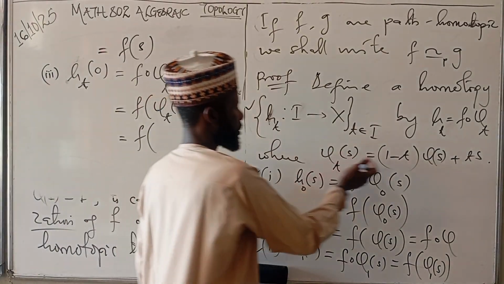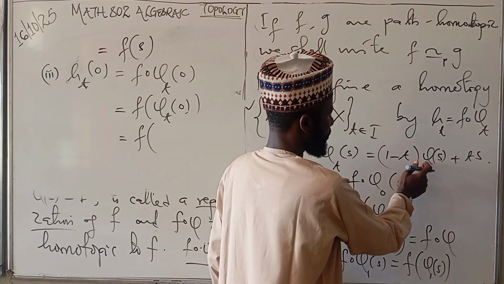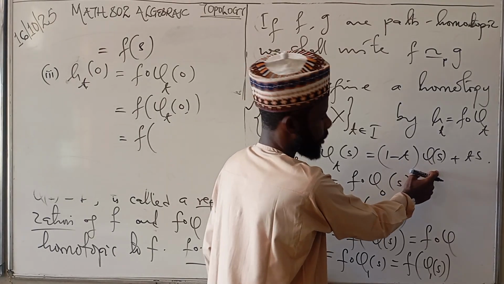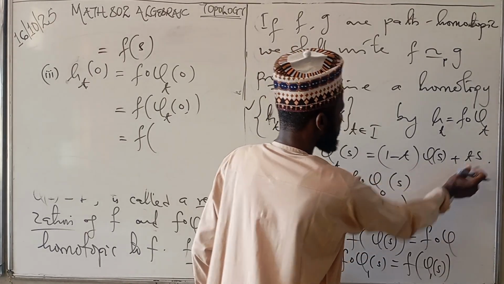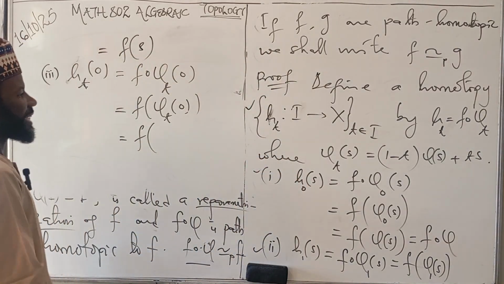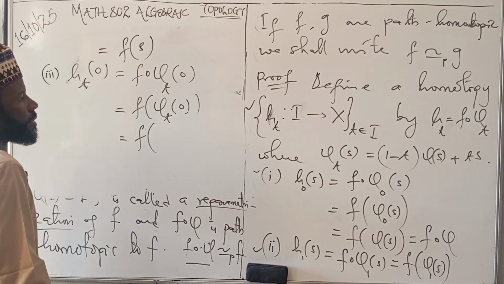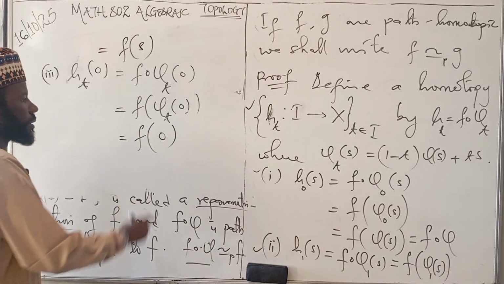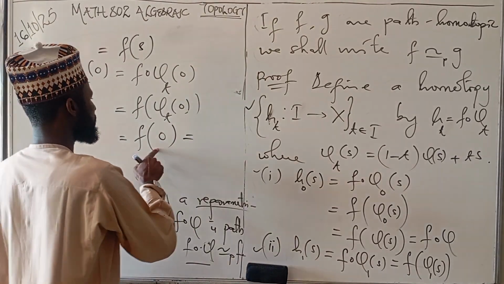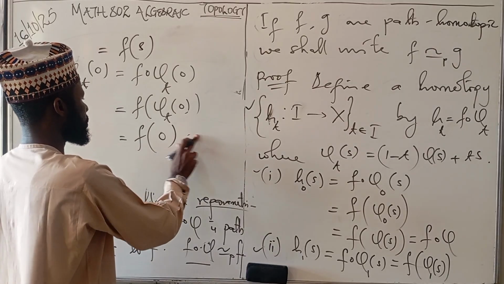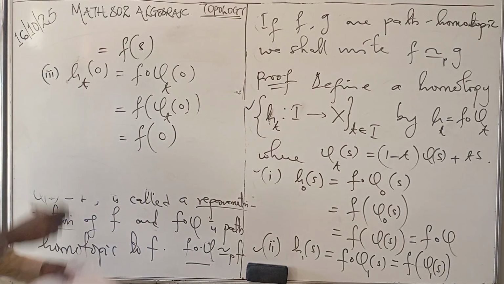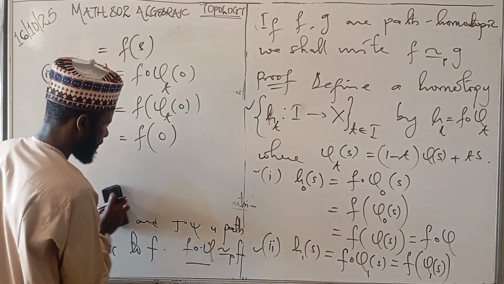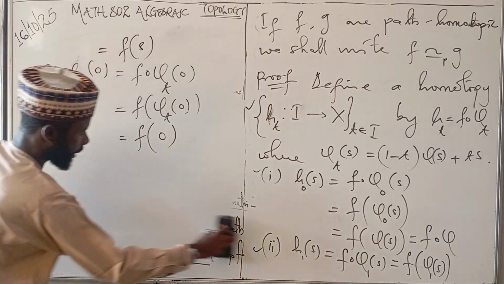So s is 0, so you have 0 here. And you remember the condition on phi, it is that phi of 0 is equal to 0, so you have 0 over here, plus t s, and s is 0, so everything is 0 actually. So everything is F of 0, which is the endpoint.